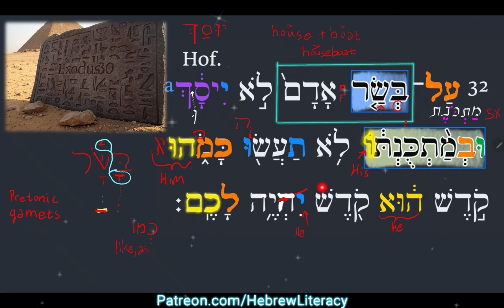Kodesh, holy. Yihyeh, he shall be, or it shall be, lakhem, for y'all. Okay, I'll just read it one more time normally, and then we will be done. Al besar adam lo yiysakh, uvmatkhunto lo taasu kamohu. Kodesh hu, kodesh yihyeh lakhem.